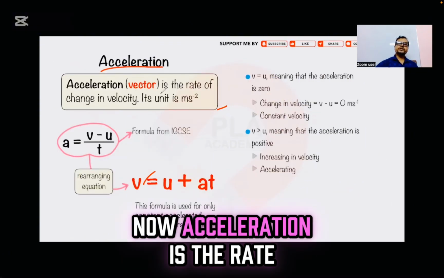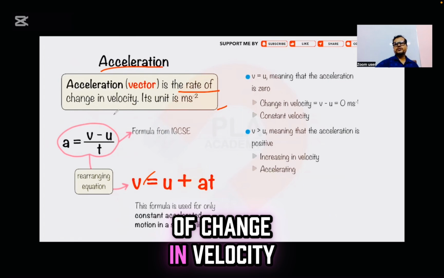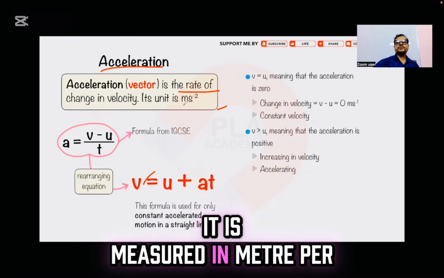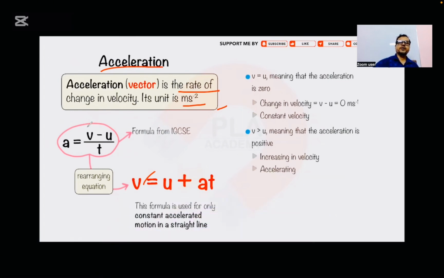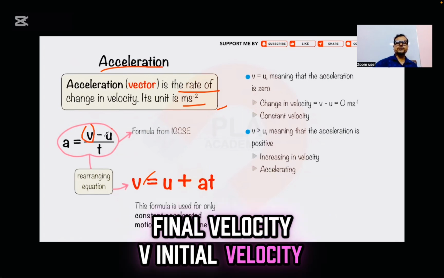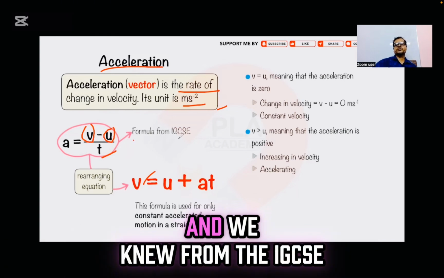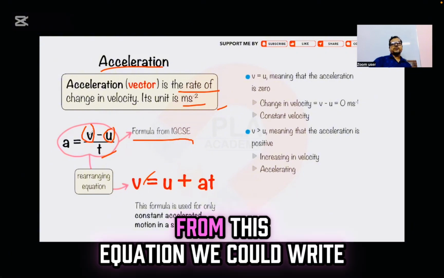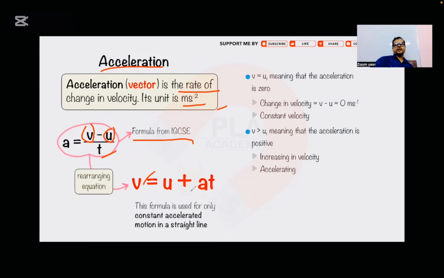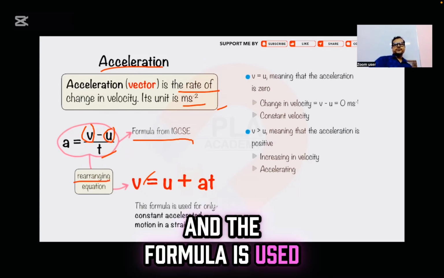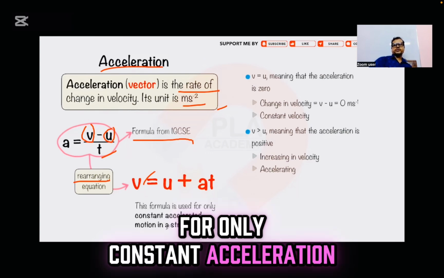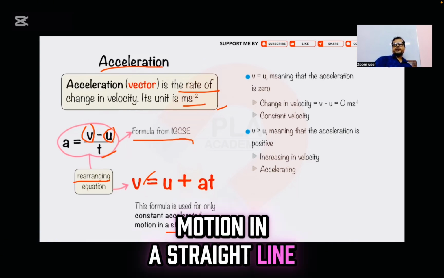Now, acceleration is the rate of change in velocity. Its unit is meter per second squared. This is the formula of acceleration: a equals final velocity v minus initial velocity u, upon t, as we knew from IGCSE. From this equation, rearranging, we can write v equals u plus at. This formula is used only for constant acceleration motion in a straight line.